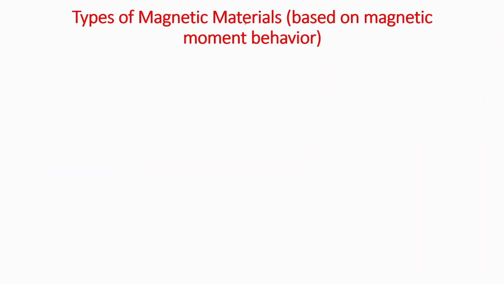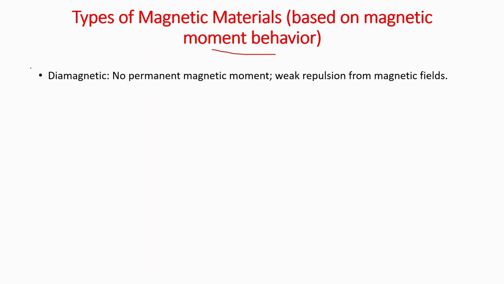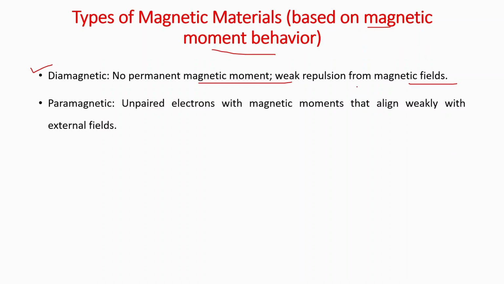Now, types of magnetic materials based on magnetic moment behavior, very important. I will make a dedicated video about that, but here I am going to give a very brief description. Diamagnetic materials don't have a permanent magnetic moment and they are repelled by magnetic fields.